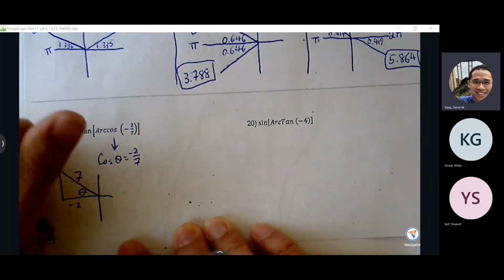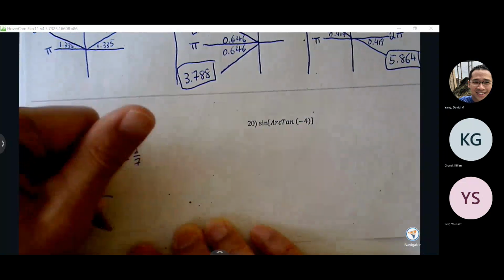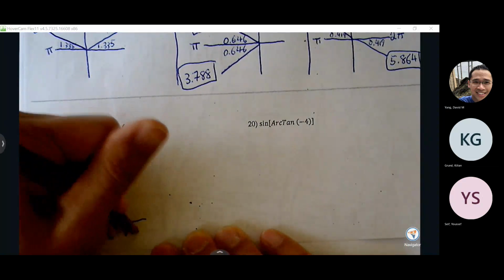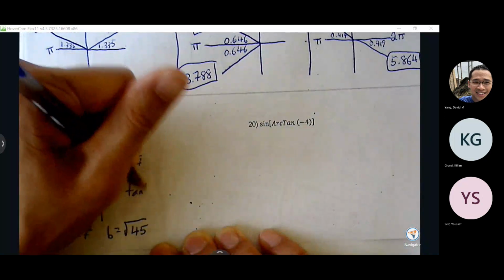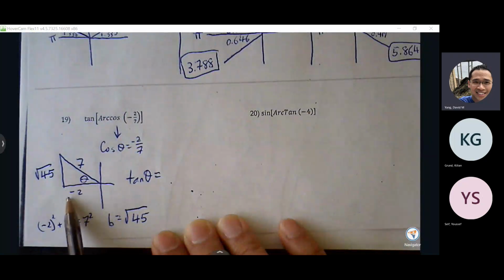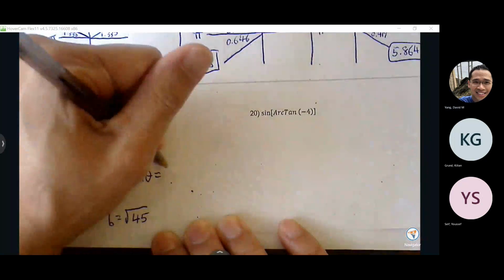Pythagorean theorem. Tangent theta is root 45 over negative 2. Opposite over adjacent.